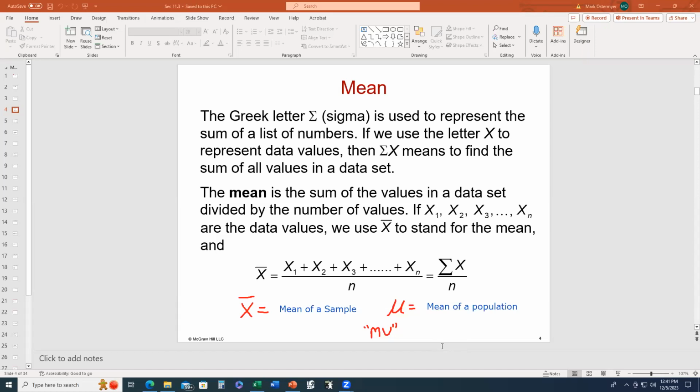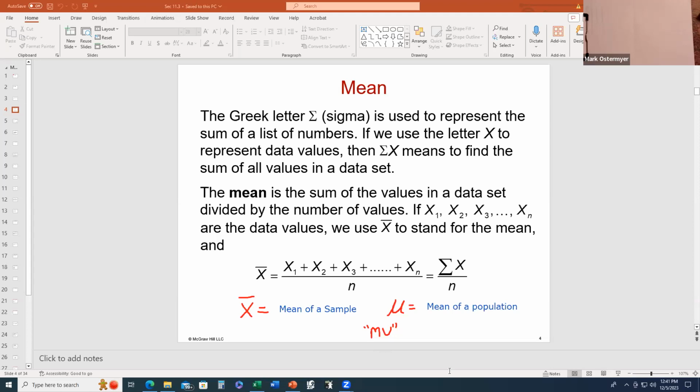Sample is supposed to be representative of the population. Yeah, so usually which one has more observations, population or sample? Population. The population, yeah, the population consists of all entities or subjects that pertain to a particular study. A sample is always a smaller subset of a population. And so the size of a sample is always smaller than the size of a population.